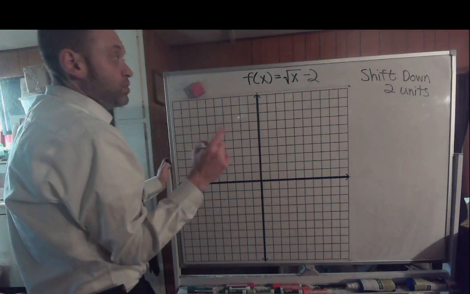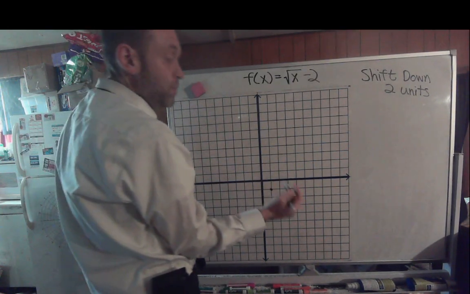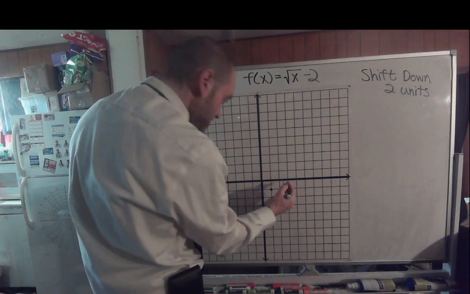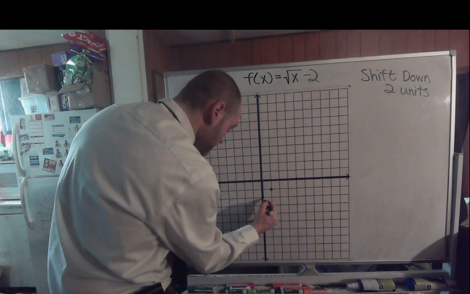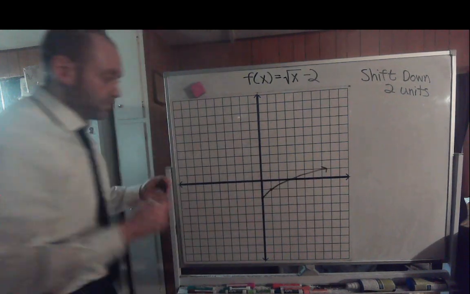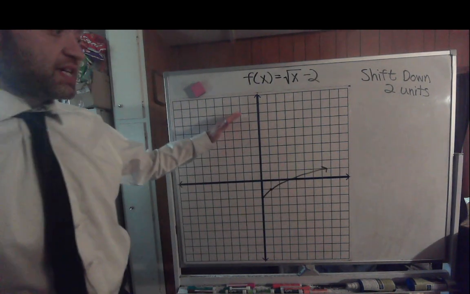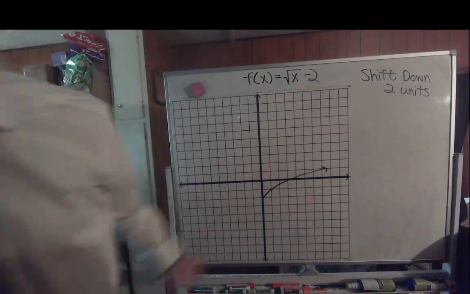When x is 1, I would have a y value of negative 1. And then when x is 4, I would get 2 minus 2, which would give me 0. So here's my graph of the function. All I've done is I've shifted the original f of x equals the square root of x downward 2 units.